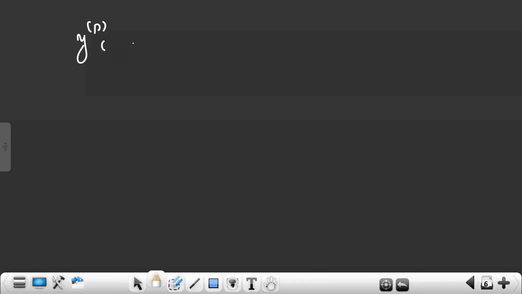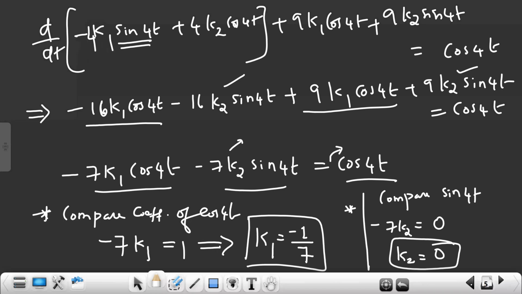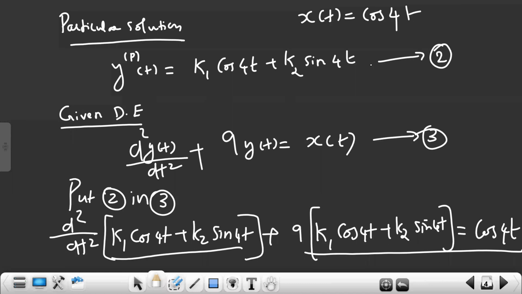Yes, sir. Yp of t is equal to K1 cos 4t plus K2 sin 4t. This is your particular solution. Now you have to substitute our K1 and K2. What is K1?